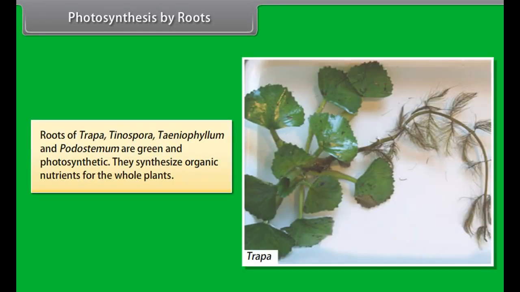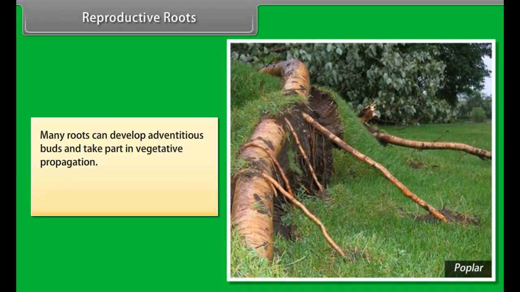Roots of Trapa, Tinospora, Taeniophyllum, and Podostemum are green and photosynthetic. They synthesize organic nutrients for the whole plants. Reproductive roots. Many roots can develop adventitious buds and take part in vegetative propagation. Examples: poplar, Dalbergia, dahlia, sweet potato.